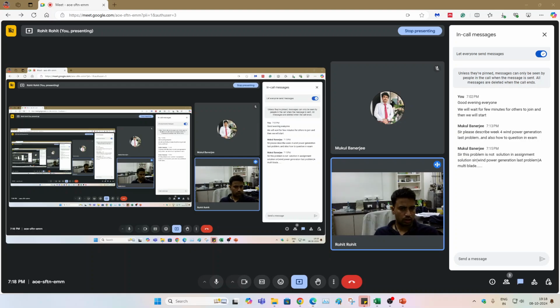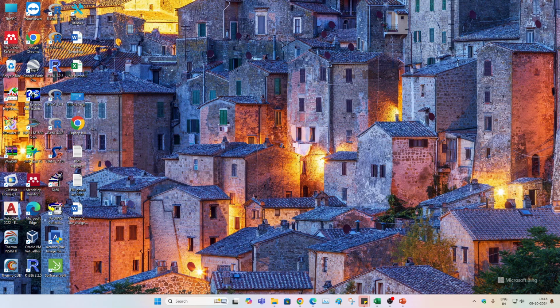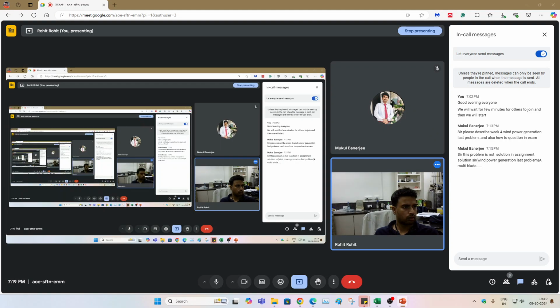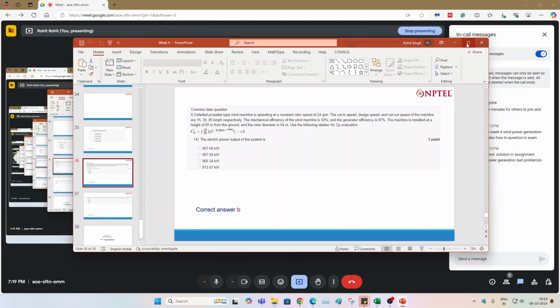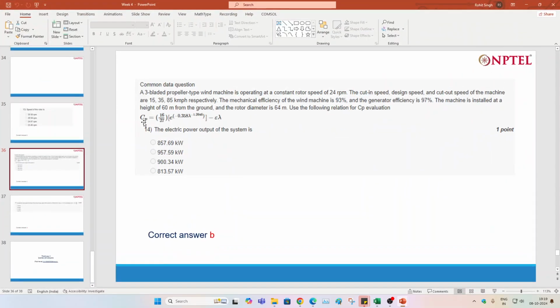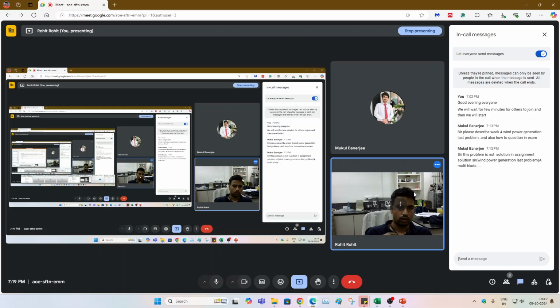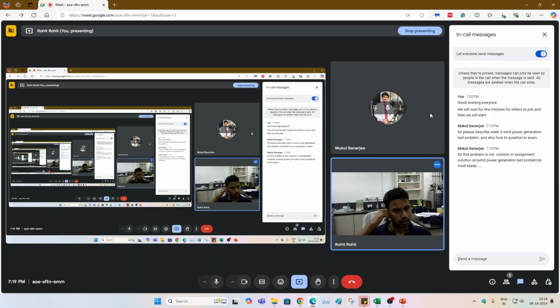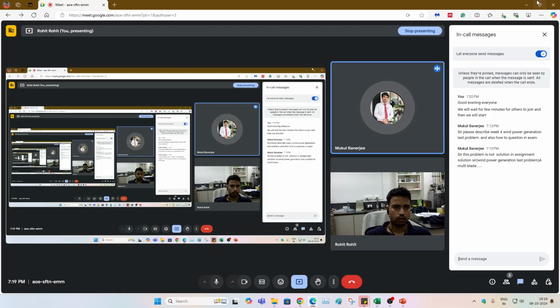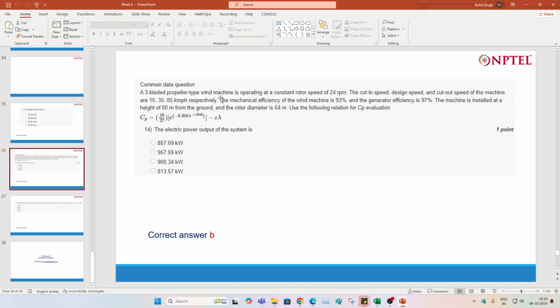So is the question of this type? This was the question. Mukul, can you unmute and tell the radius?